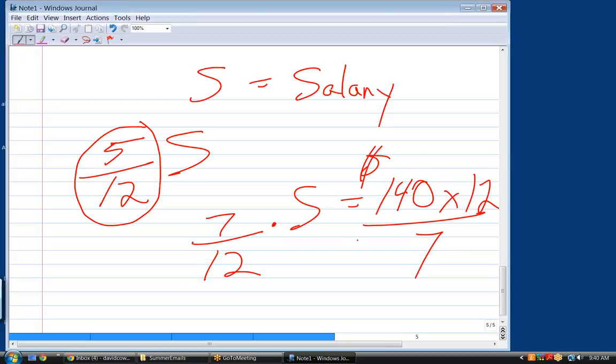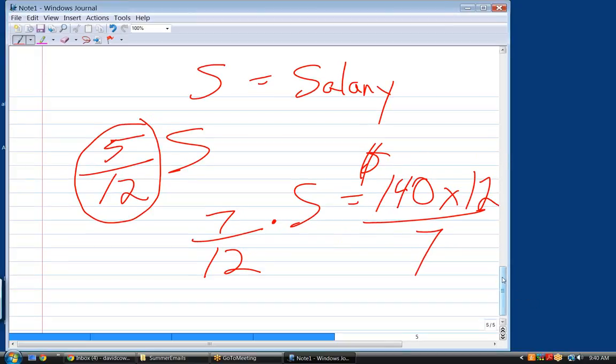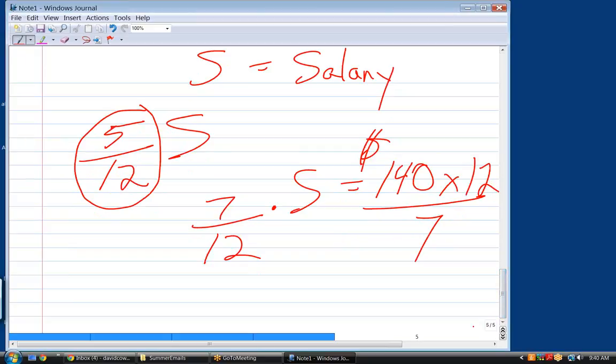Before you do this multiplication, simplify. How can I simplify that? Make it like an improper fraction. We've got 140 in the numerator and 7 in the denominator. What can I divide top and bottom by? 7. When I divide the bottom by 7, it becomes a 1.